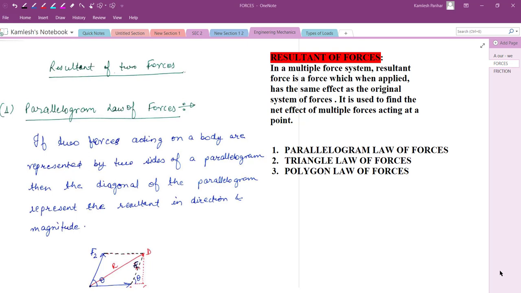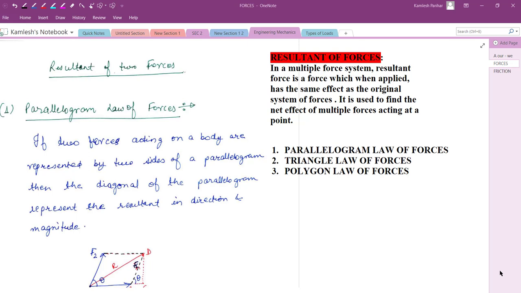So what we do, we are interested in finding the net effect of those multiple forces. So the net effect or the net force of all those multiple forces acting at any point or on any body is called the resultant of forces.